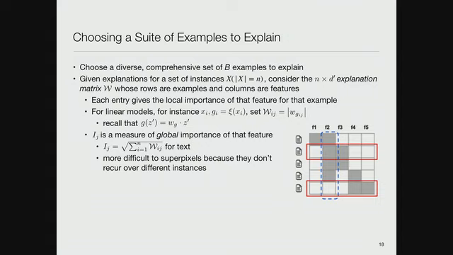So then the last thing they do is to say, well, okay, that helps you understand a particular example where a model is applied to it, but how do you convince yourself that the model itself is reasonable? And so they say, well, the best technique we know is to show you a bunch of examples, but we want those examples to kind of cover the gamut of places that you might be interested in.